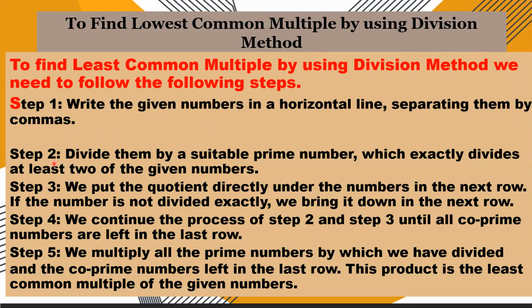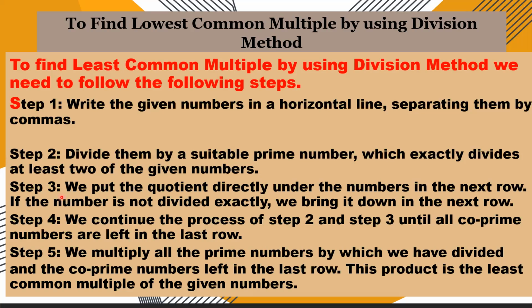Step 2, divide them by a suitable prime number which exactly divides at least two of the given numbers. Step 3, we put the quotient directly under the numbers in the next row, and if a number is not divided exactly, we bring it down in the next row.